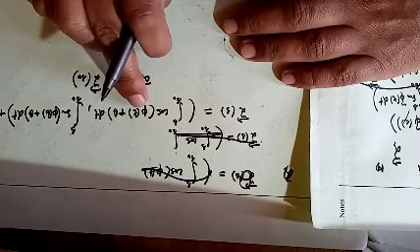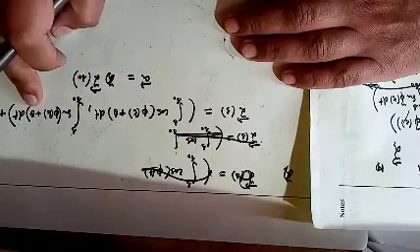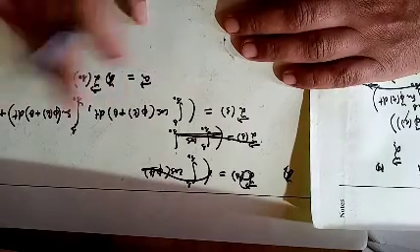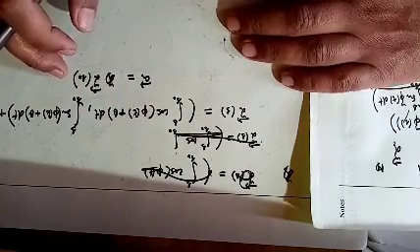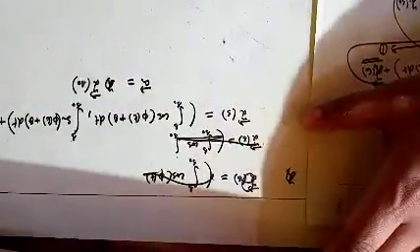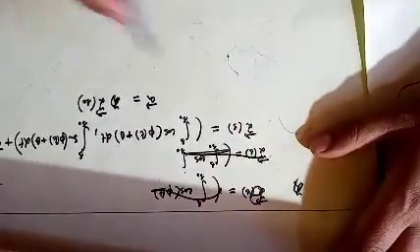So then this is cos of a plus b, and this is sine of a plus b. I just apply the trigonometry. Cos of a plus b is cos a cos b minus sine a sine b, and sine of a plus b is sine a cos b plus cos a sine b.